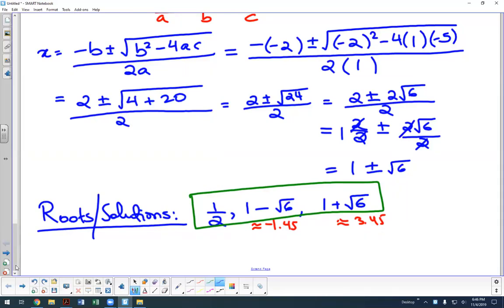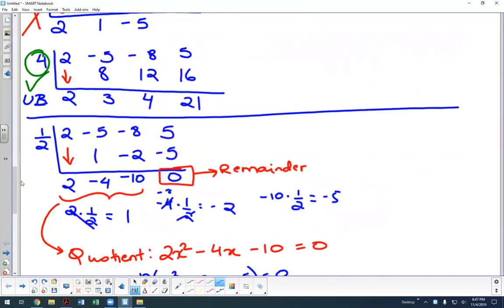And then Theorem on Bounds to see what our lower bound and upper bound is going to be. Once you narrow down those rational zero possible answers, then of course we just use synthetic division to see which ones of those options is actually going to work. And once you get that 0 remainder, stop right there.